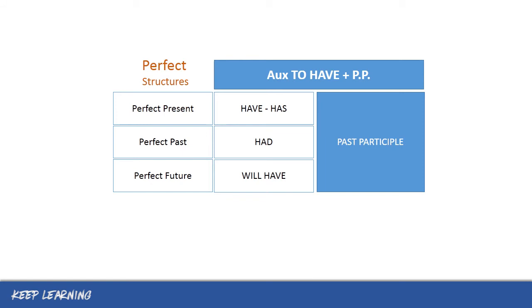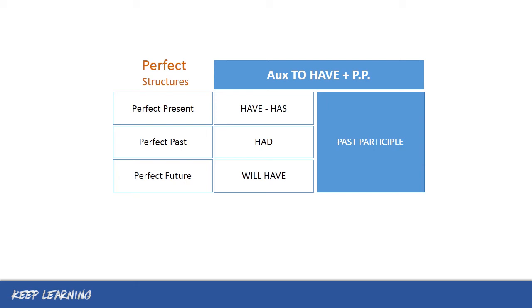Let's go with the perfect structures. When you say perfect, you mean the auxiliary have and the past participle. That's what you mean in every case. Perfect means have, which in Spanish is the verb haber. Right? You use it in the present perfect. You use have or has to say yo he, tú has, él ha.